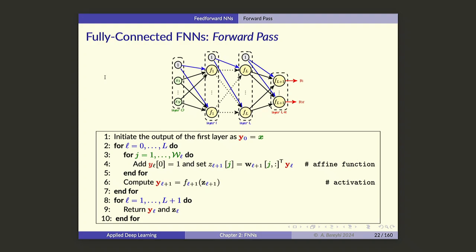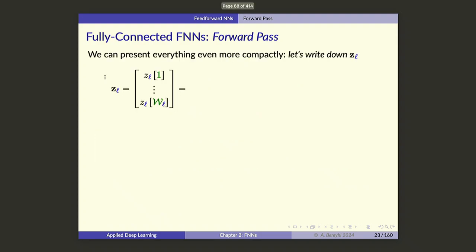So each layer has its own outputs, so I'm going to get those outputs and then multiply them with a weight vector, right? So I now want to write down the z values for the next layer. So I can put them next to each other. So I can say z of the first neuron in layer L, z of the second neuron in layer L, and so on till the z of the last neuron in layer L, right?